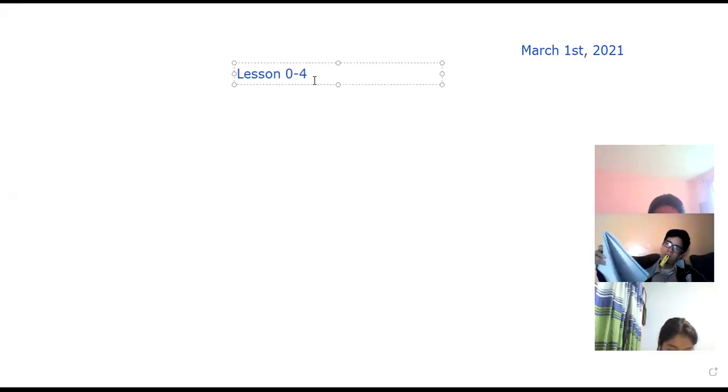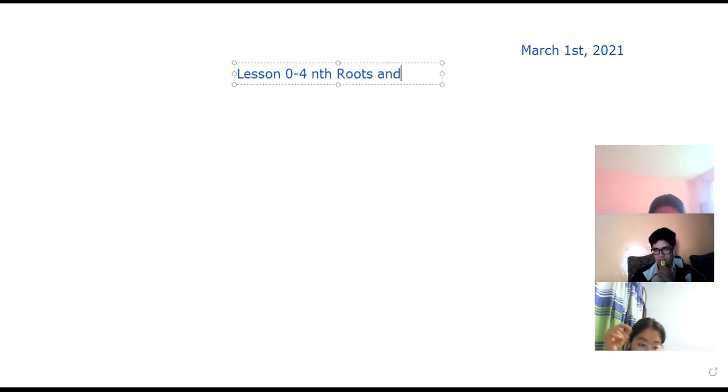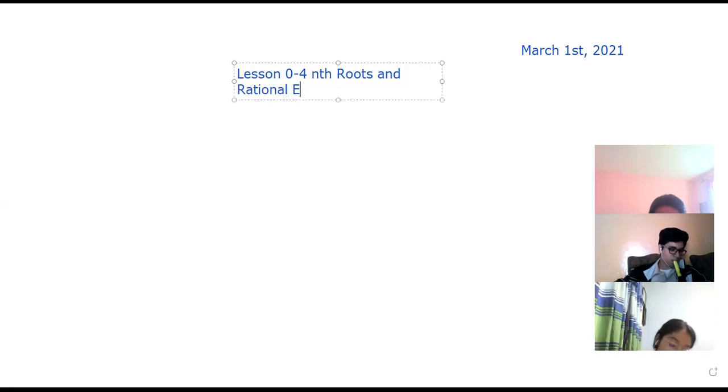And roots and rational exponents, sorry, not real. Rational exponents. Continuation. So we're going to write here that it is a continuation from last week.